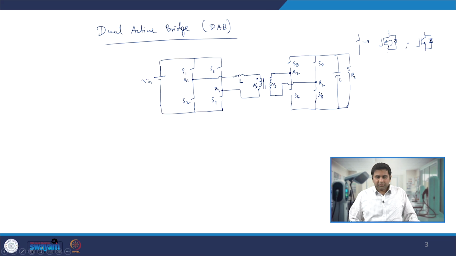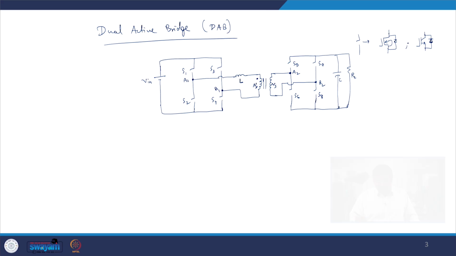Now if you look very carefully, we do not have any inductor kept at the output of the bridge. We can assume that this inductor is being incorporated in the inductance L. However, the value of inductance L, we will understand when we see the operation of this converter, how it works, and we can put the C and RL.